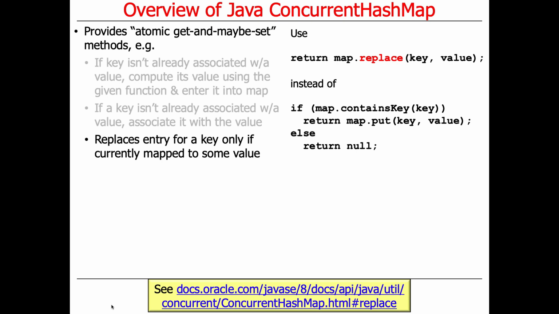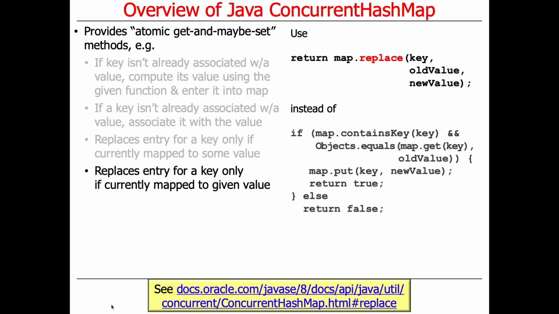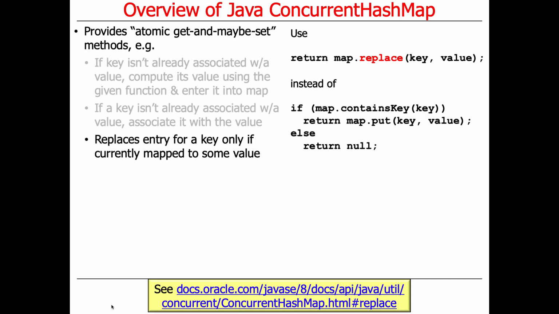There are also some other interesting operations, and these are important to remember for assignment 3B. I'll probably remind you about that when we do that assignment in a bit, but there's a really cool method called replace, and there's actually a couple of variants. There's the 2-parameter version and the 3-parameter version. Let's talk about the 2-parameter version first. This version will replace an entry for a key only if it's currently mapped to some value.